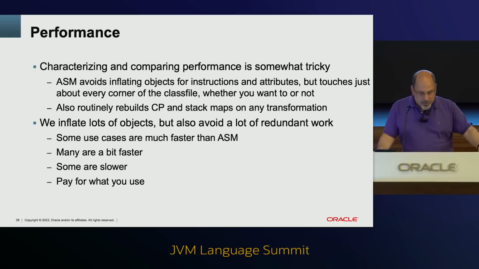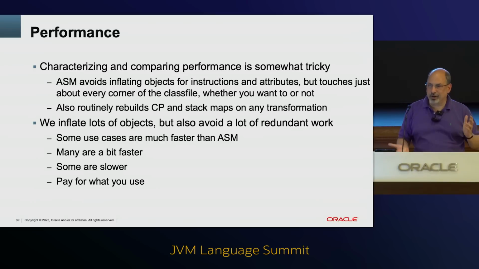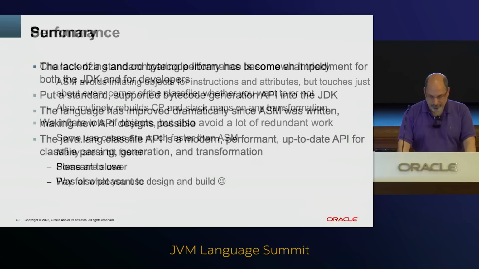But the basic summary of the performance is we do inflate a lot of objects, but we avoid so much redundant work that it largely comes out to be a trade-off. And the immutability powers all of the ergonomic advantages that we talked about earlier.